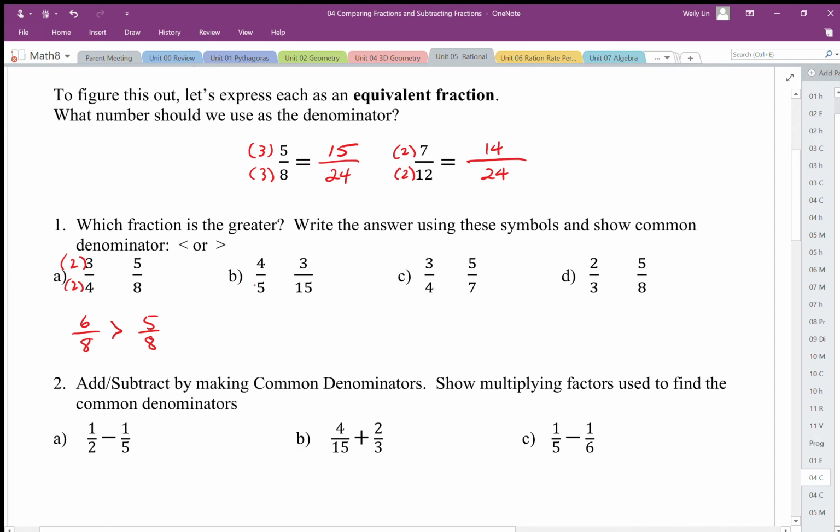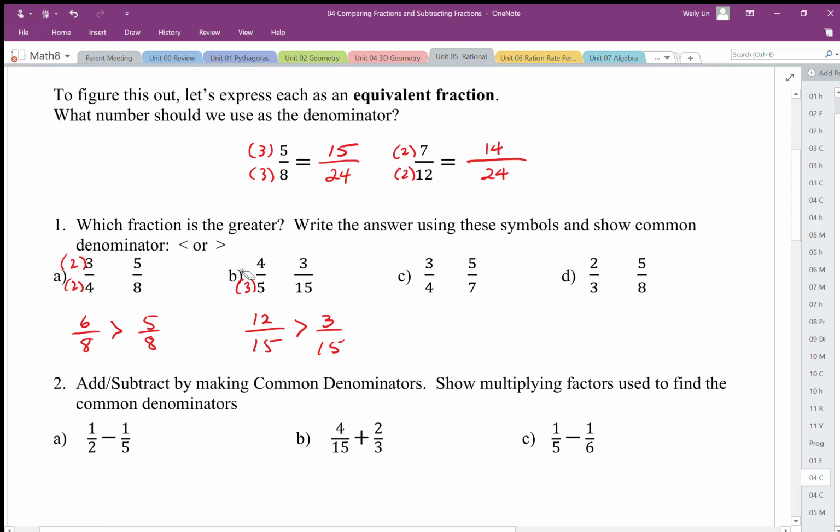Here we can get a common size piece of 15 by multiplying the bottom by 3 and the top by 3. We get 12/15, and we're going to get 3/15. And we can see that 12/15 is going to be much greater. We could also do something slightly different here.